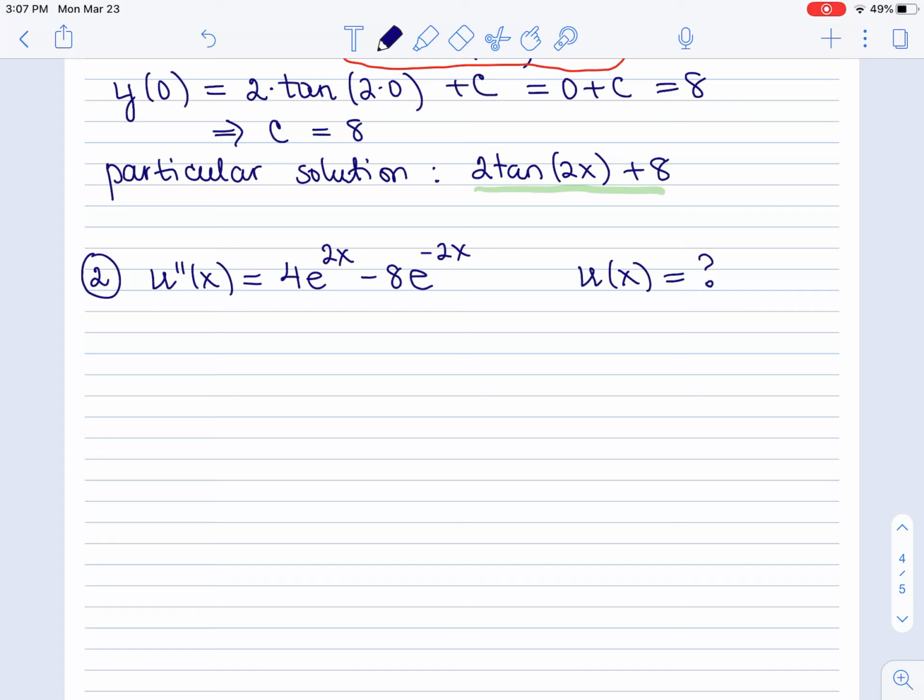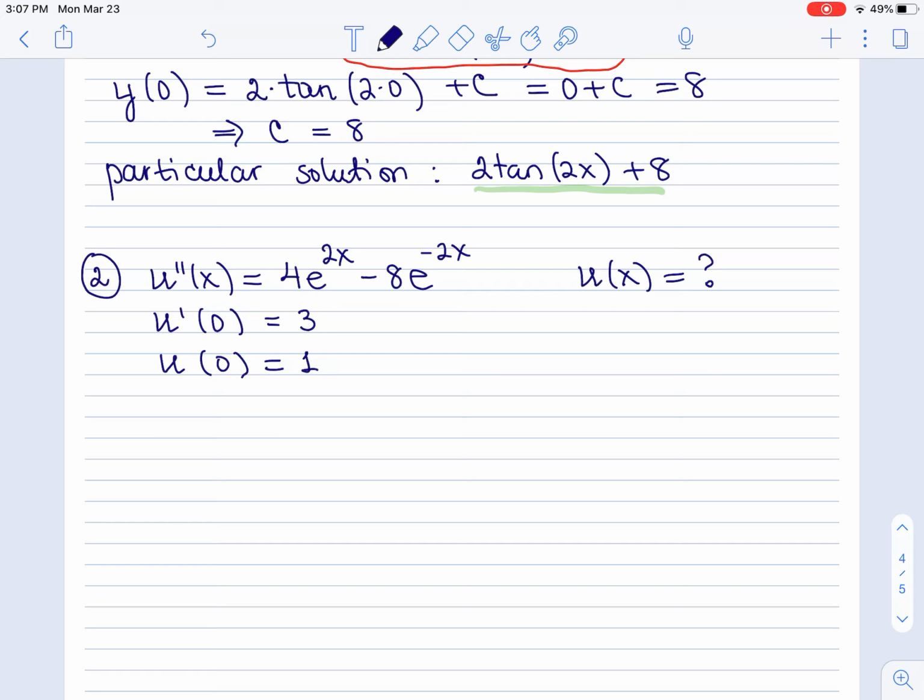Which means we have to integrate twice, and that means we need two initial conditions. One of them is that u prime of 0 is 3, and then u of 0 is 1.